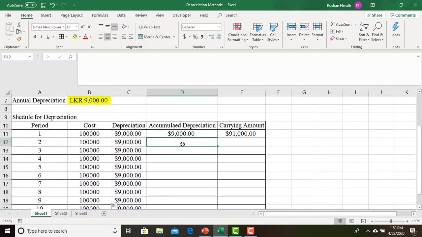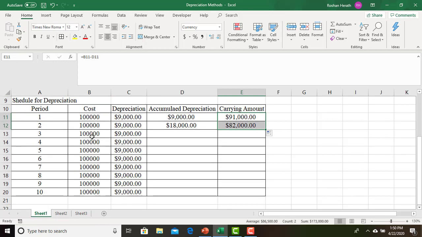ඊට පස්සේ අපි ගත්තොත් accumulated depreciation දෙවෙනි අවුරුද්ද අවසානයේ, you can see that at the end of the first period accumulated depreciation is 9000 and we may add the depreciation of the second year, then it becomes the total depreciation in the second year. Now we can drag this for the second period, then you can see that from the cost accumulated depreciation is deducted, then the carrying amount is arrived.